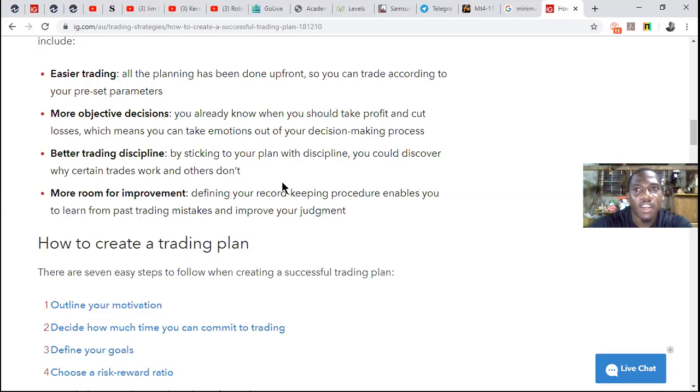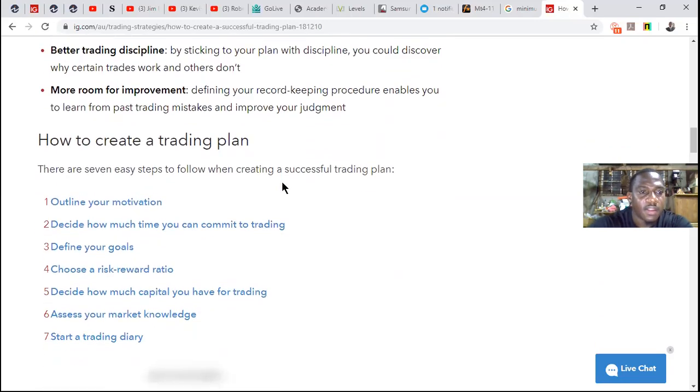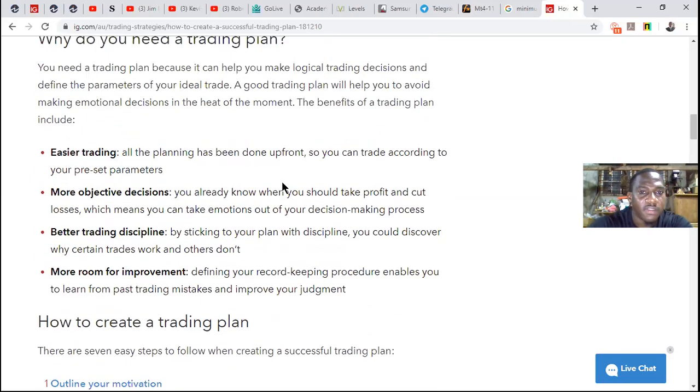Just having that track record alone shows that you have experience in the market, you actually trade in the market, and you make mistakes, you learn. So you're actually better off than people that sit and watch all the time and don't take any trades. Actually a step ahead. Okay, so those are just some of the benefits of having a trading plan.